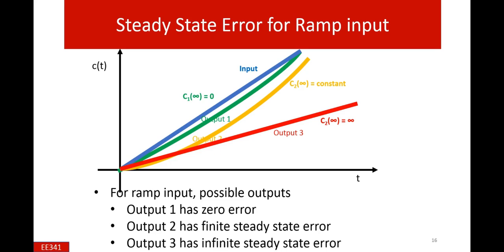So in the transient response, after the transient response, if we observe the steady state response, for example, for the first type of output, at time equal to infinity, for example, in this case this is time equal to infinity, and if the difference between the input and the green output at time equal to infinity is equal to 0, it means the steady state error is 0 for this green output.